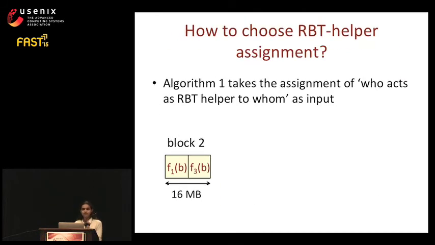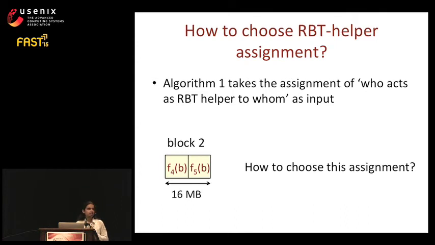The choice of these functions to be stored, that is in our example F1 and F3, was arbitrary. Algorithm 1 takes this as an input and then performs the transformation such that for this choice, the block performs reconstruct by transfer. But this could also have been F4 and F5, in which case the block would do minimum IO when helping reconstruct blocks 4 and 5.